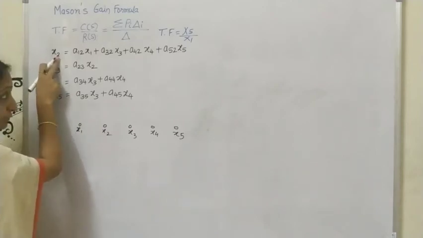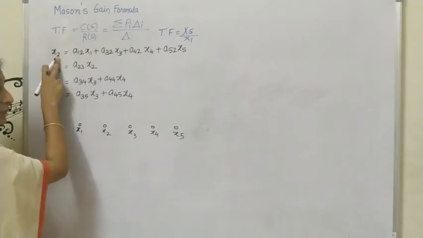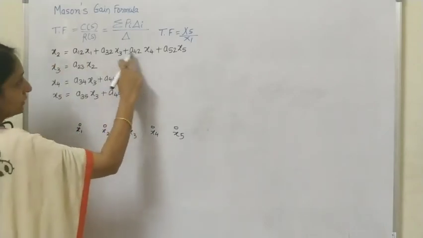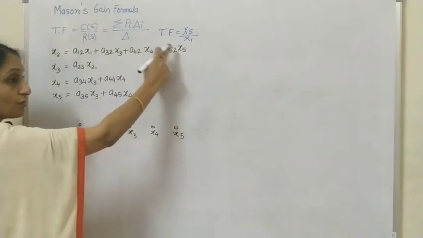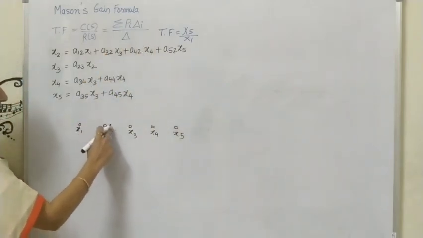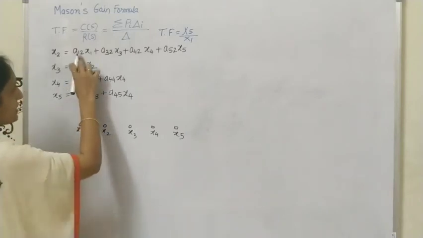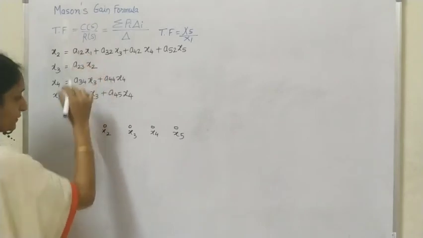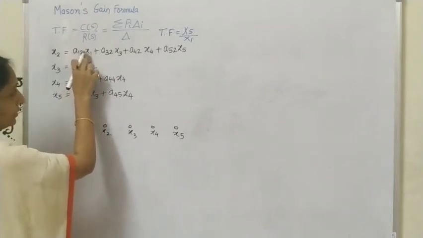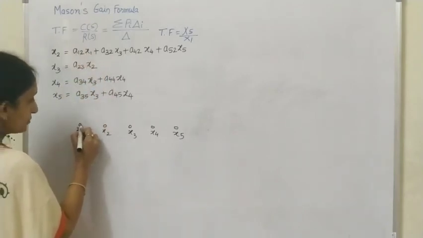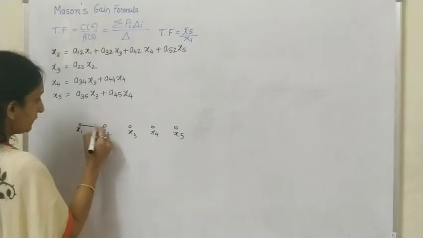For this output, how many signals are incoming? 1, 2, 3, 4. So 4 signals are coming at node x2. So I will draw the SFG for equation number 1. Now see here, a12 x1. This is gain into input. So I will draw like this.